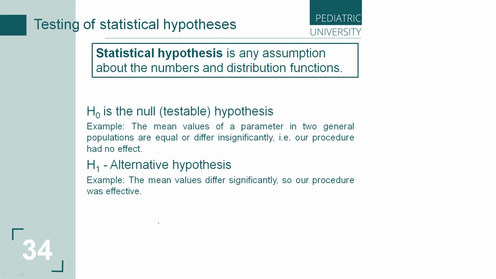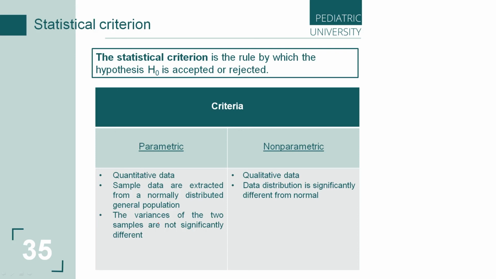How can we do it? We test it with a statistical criterion. A statistical criterion is a rule by which the null hypothesis is accepted or rejected. Criteria can be parametric, as you can see in the table on the slide, or non-parametric.